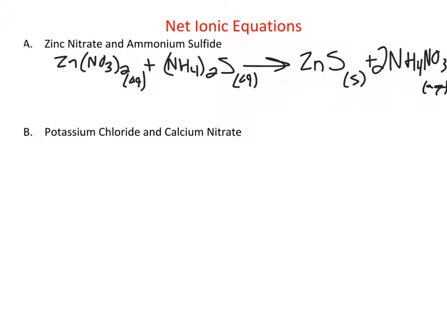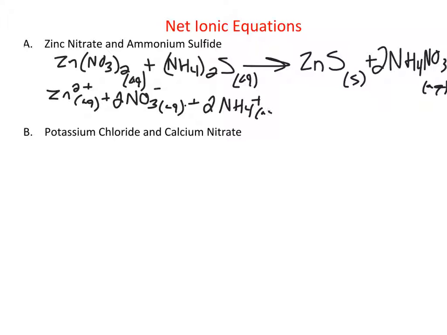So I have one zinc, so I write Zn with a 2+ charge, and it's aqueous. I break up the nitrates, so I get 2 NO3-, and they're aqueous. I'm just carrying down the state of matter from the top. Plus, I have 2 ammoniums, so 2 NH4+, and they're aqueous.